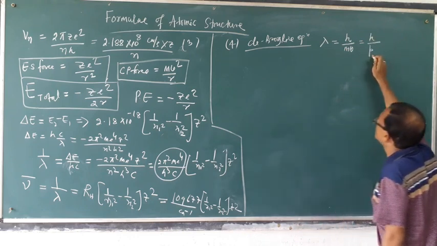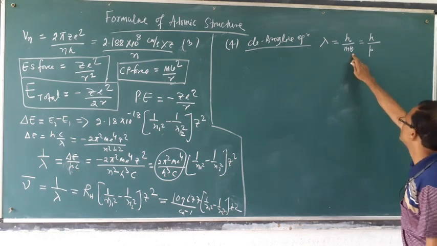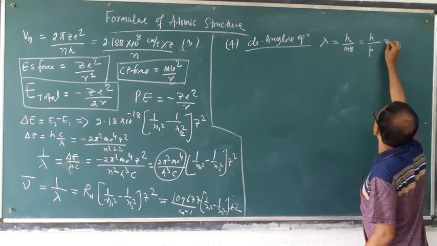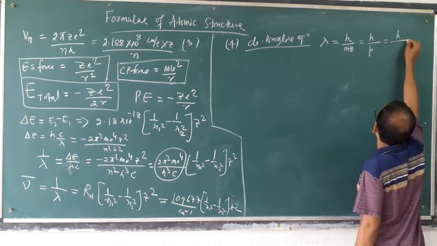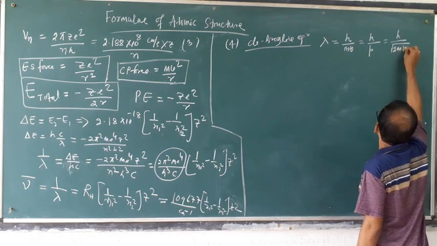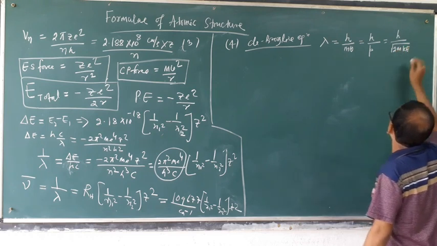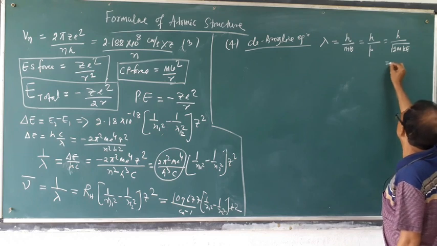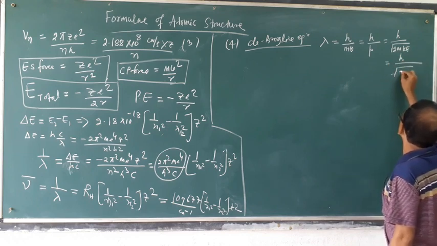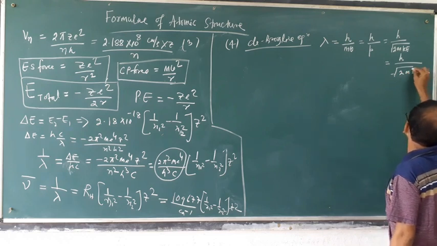P is the momentum, mv is mass and velocity, which is equal to h by root of 2m KE, which is equal to h by root of 2 meV.